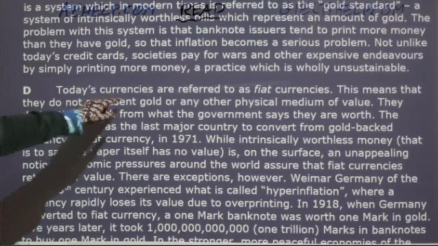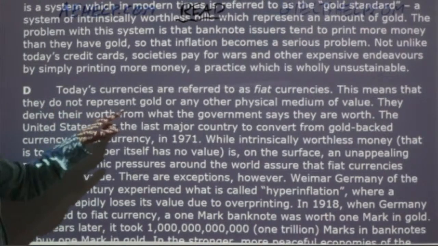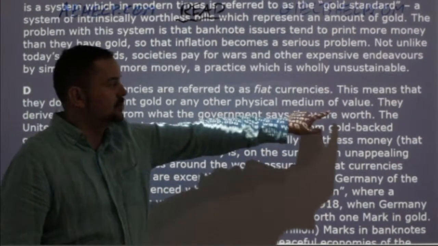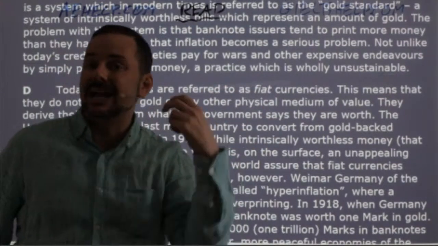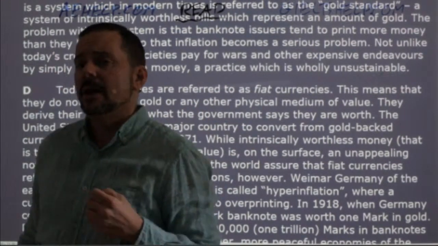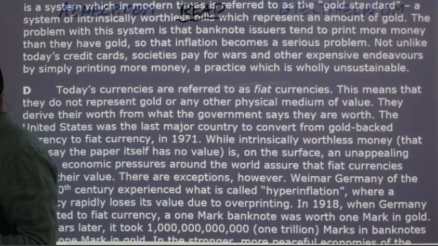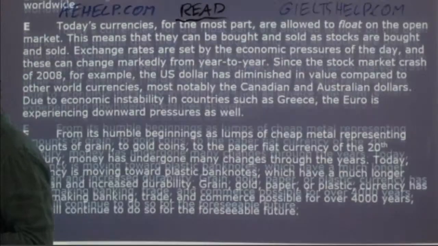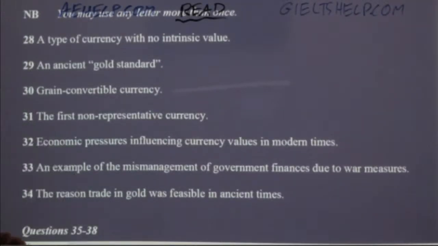Here, today's currencies are referred to as fiat. This means that they do not represent gold or any other physical medium. So they don't represent gold or any other physical medium, so it has to be D, okay? However, if you're not 100% sure, it's better to go back and check the C and D. You know it's one of the two, so check them, C and D, okay? So here it's D.